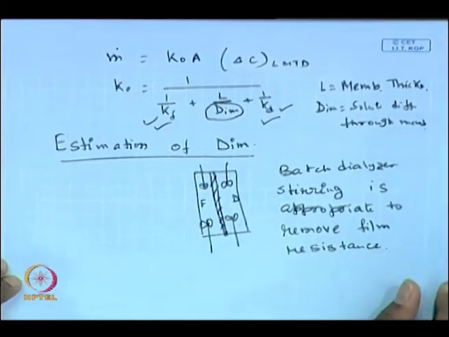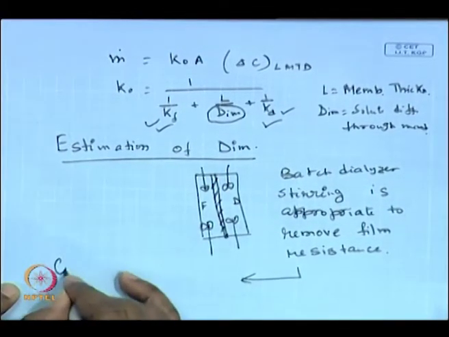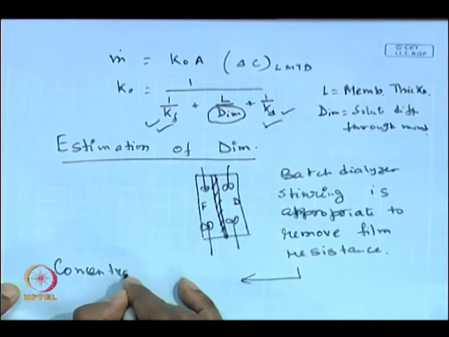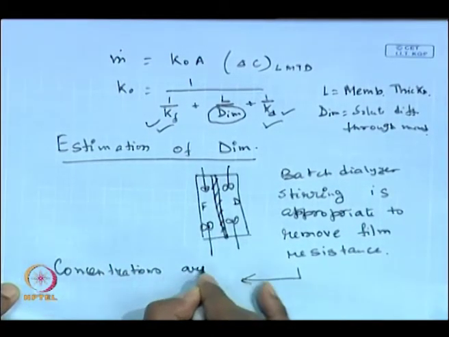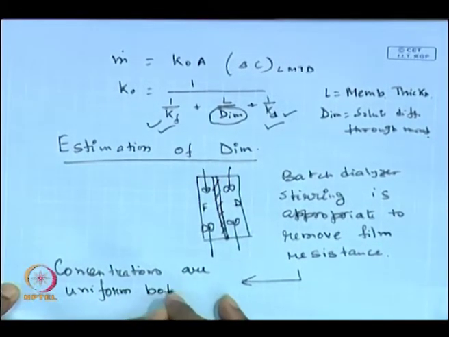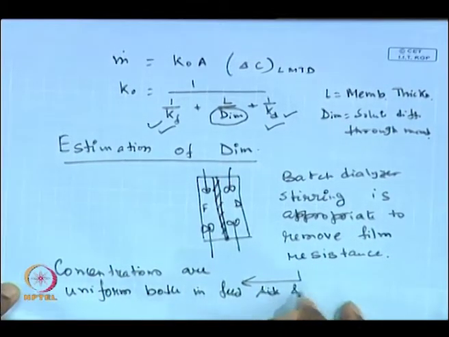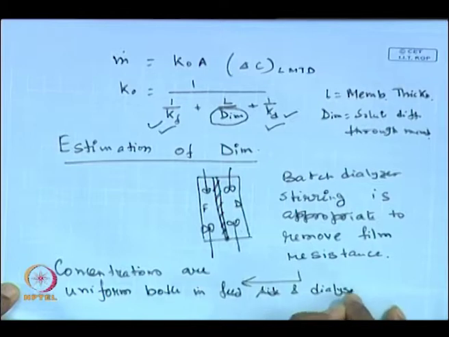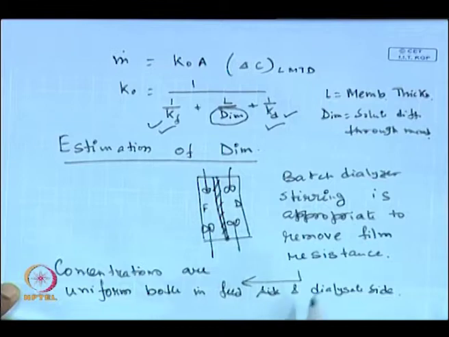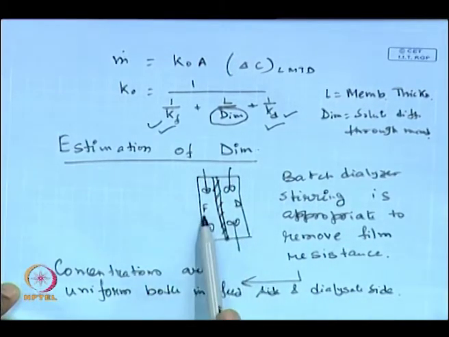So, by doing that you are assuming that concentrations are uniform both in the feed side and the dialysate side, because you are giving high stirring. So, there is no existence of film, and whatever the concentration here, the same concentration will be prevailing anywhere in the chamber.